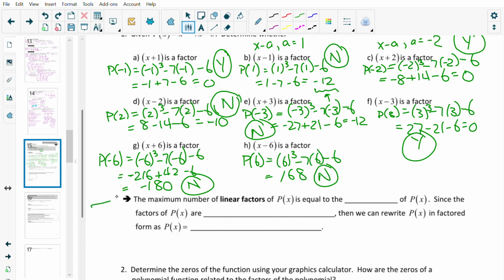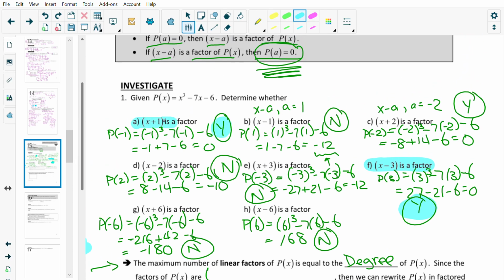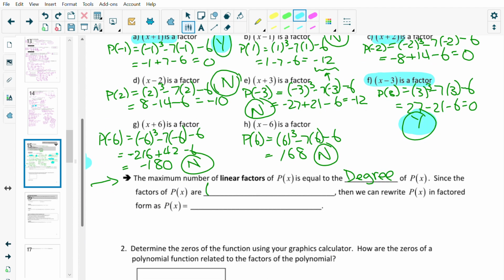Okay, let's complete the statement. The maximum number of linear factors of p of x is equal to the degree of p of x. Since the factors of p of x are, so what were our factors? All the yeses. 3 factors.